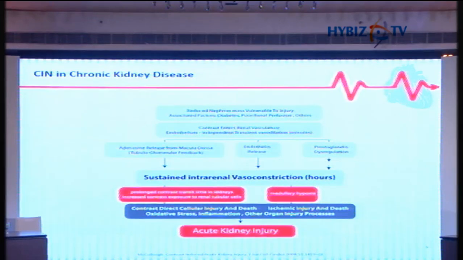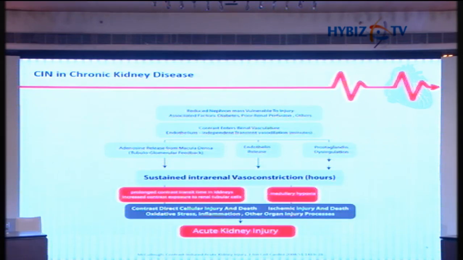In chronic kidney disease, if they are exposed to contrast media, contrast enters the renal vasculature, and endothelium-independent transient vasodilation will be there. It lasts for minutes, and leads to adenosine release from the macula densa, endothelin release, and dysregulation of prostaglandin, which leads to sustained intravascular vasoconstriction, which lasts for hours.